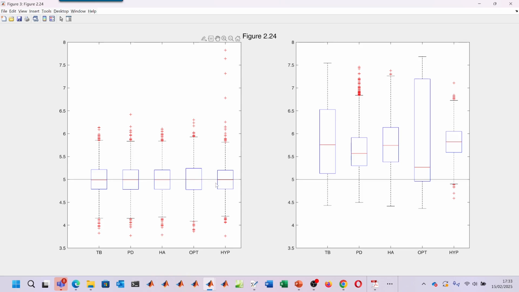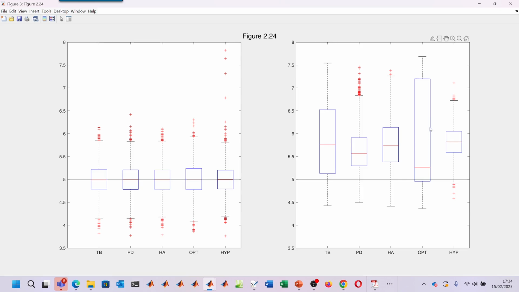Finally, notice that while these different rho functions have a similar behavior, there is one exception, which is the hyperbolic, which shows some outlying estimates for location. Finally, notice that the optimal rho function has a box plot which is much larger than that of the other estimators.